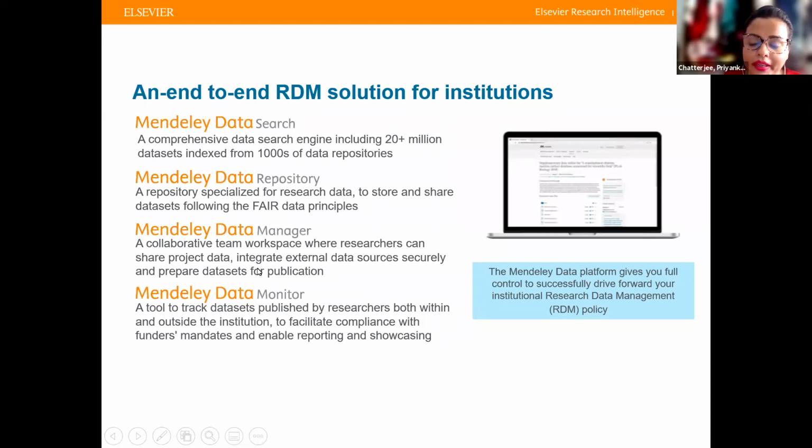You have a data manager which enables you to share your project data, integrate with external data sources, and securely prepare data sets for publications. And finally, we have a data monitor tool to track data sets published by researchers, both within and outside the institutions. This helps you to facilitate compliance with funder mandates and enable reporting and showcasing of the data.